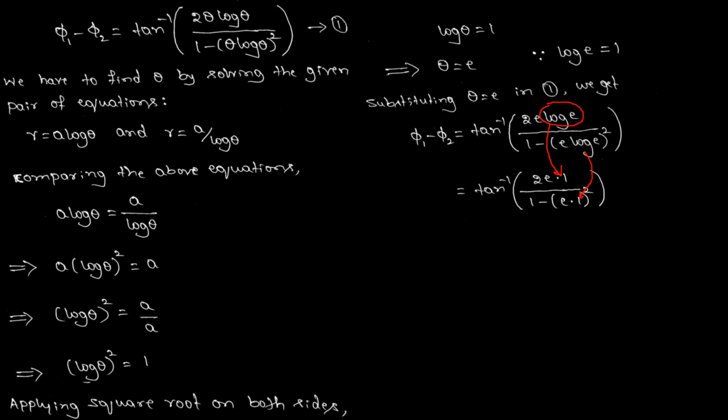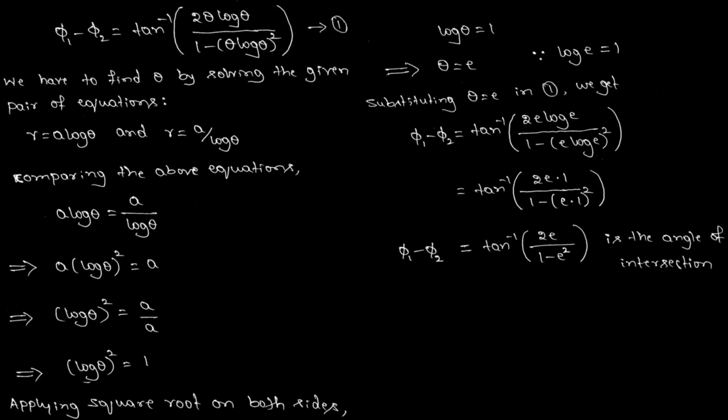Further simplification will give you tan inverse of 2e divided by 1 minus e square, because e into 1 is e, whole square gives e square. So this is the angle of intersection between the two given curves. In this problem, without finding phi 1 and phi 2 explicitly, we got the difference between the angles. So this is how we solve the problem.